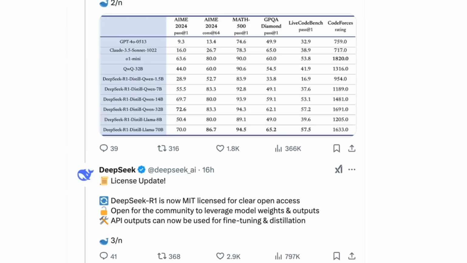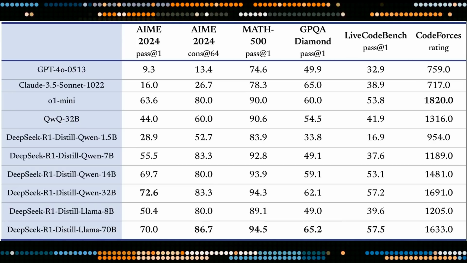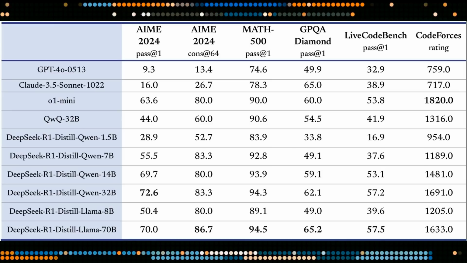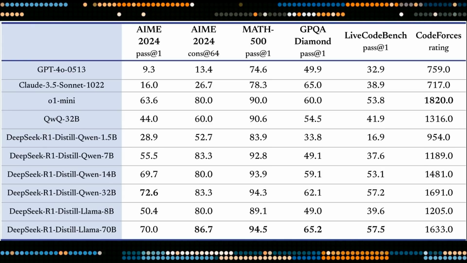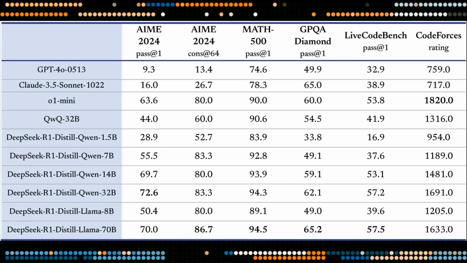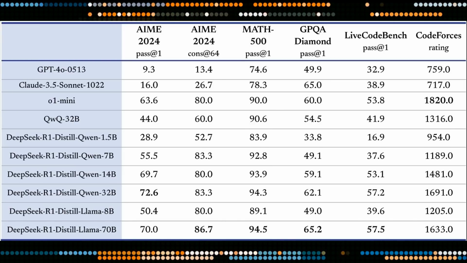They've also released a number of distilled models, going right down to small models the size of 1.5 billion, which are distilled from this DeepSeek R1 large model. And you can see that if we jump in and look at just the results from the distilled models, a lot of these models are actually doing better than a lot of proprietary models like GPT-4o, Claude 3.5 Sonnet, and even O1 Mini for a variety of different tasks.